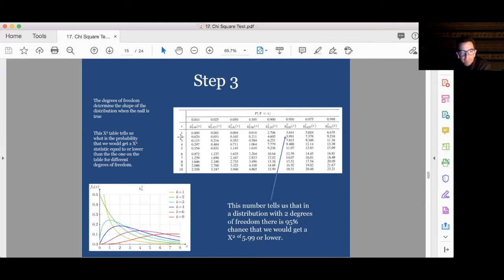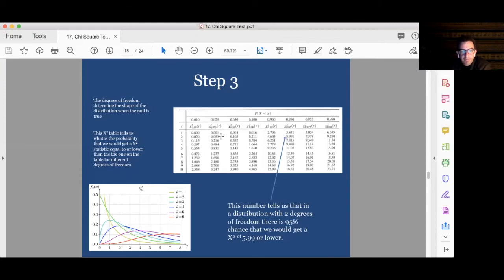This one is a table with 2 degrees of freedom, and this is the probability that you would get a test statistic as high as that.